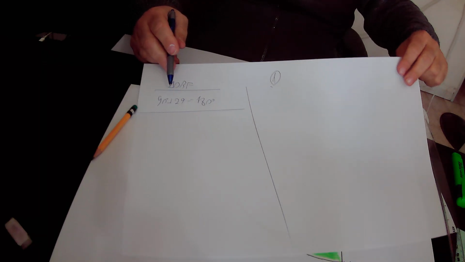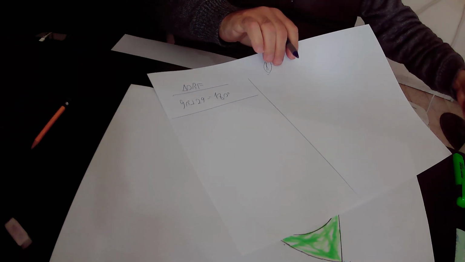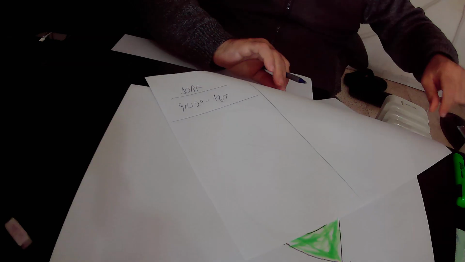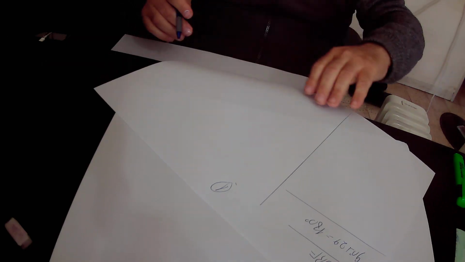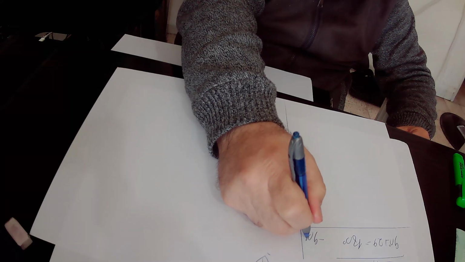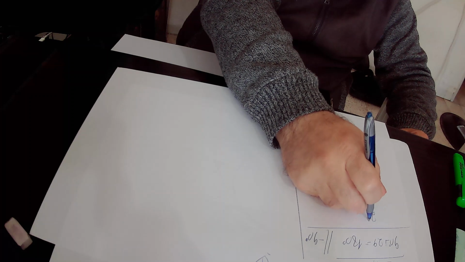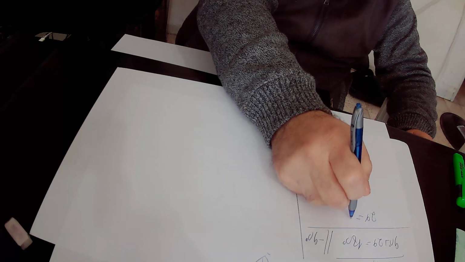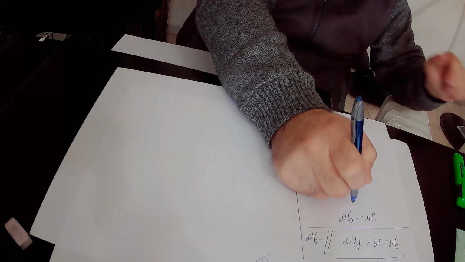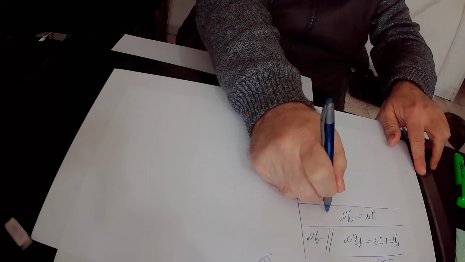Here we subtract 90 degrees from this equation. And you get that 2 alpha equals 180 degrees minus 90 degrees, which equals 90 degrees. So 2 alpha equals 90 degrees. Here we divide this equation by 2.